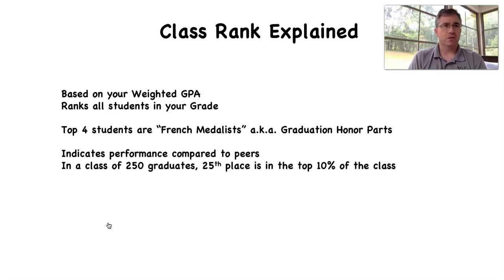If a student finishes in the top 10% of their cohort, they qualify for awards or placement and things like that. So that's one of those indicators that we use as a function of class rank. To say that you're 25th in the class means that you're in the top 10%, and that's outstanding. I've had students that say, well, I'm 21st in the class. That's not that good. Actually, that's pretty good, if you can say that you're in the top 10% of a graduating class of 250 students.